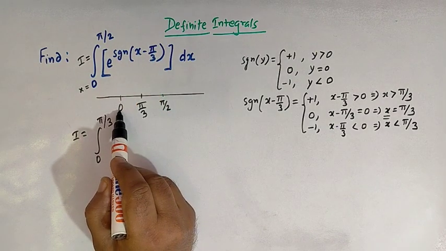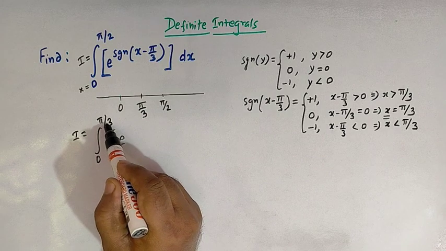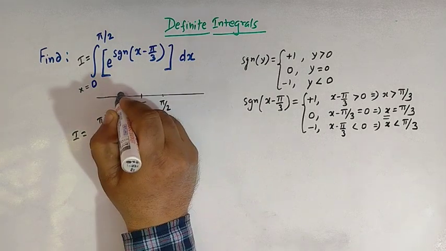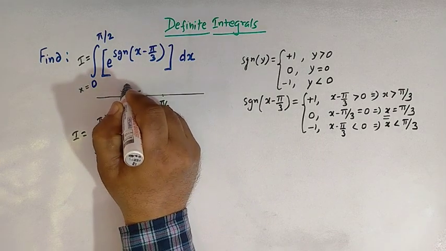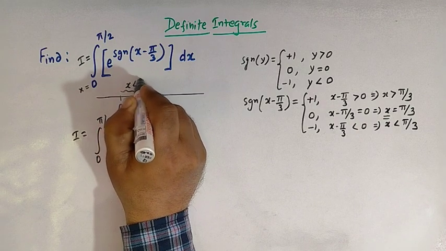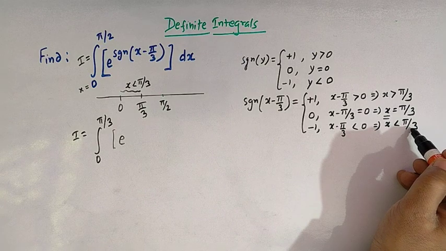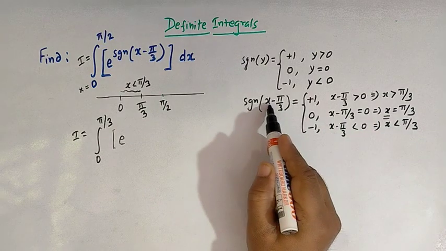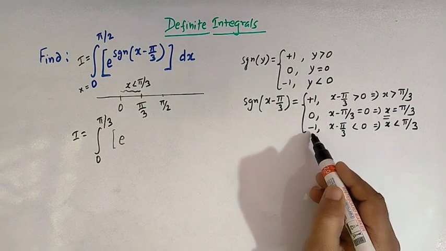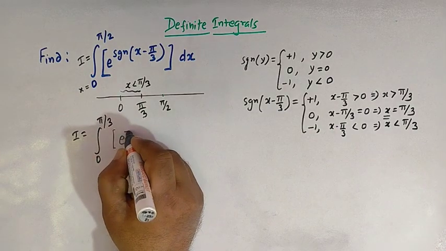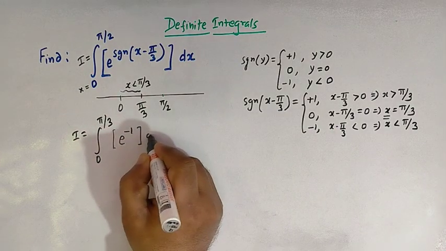When we are going from 0 to pi by 3, all the points are less than pi by 3, so signum of x minus pi by 3 is equal to minus 1. So here we'll get minus 1.